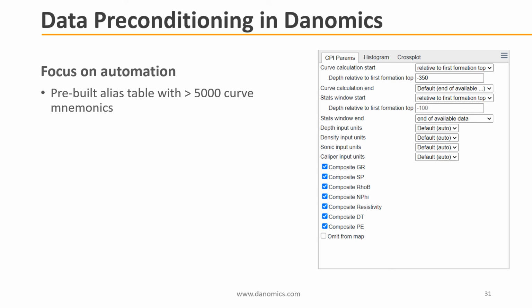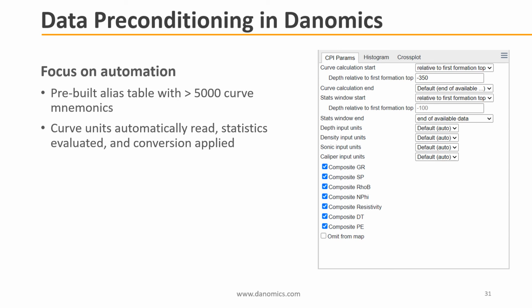So I really quickly want to talk about how we do this in Danomics. We have focused a lot on automation and having things available to the interpreter right off the start. We have a pre-built alias table of nearly 7,500 curve mnemonics at this point.